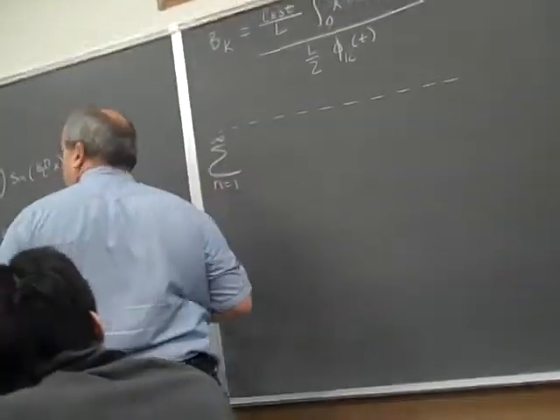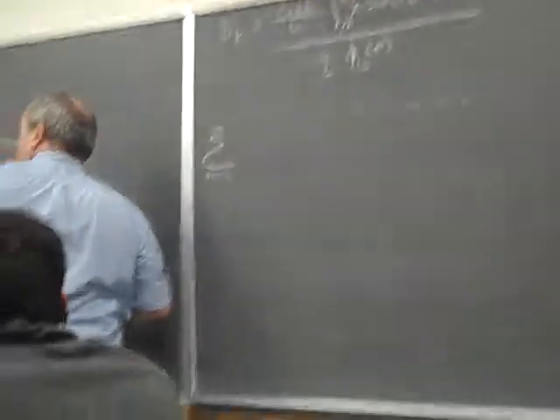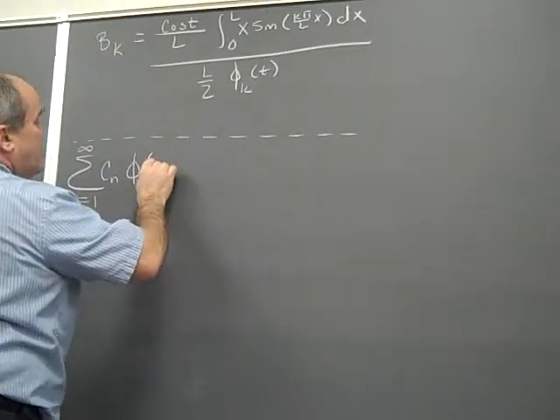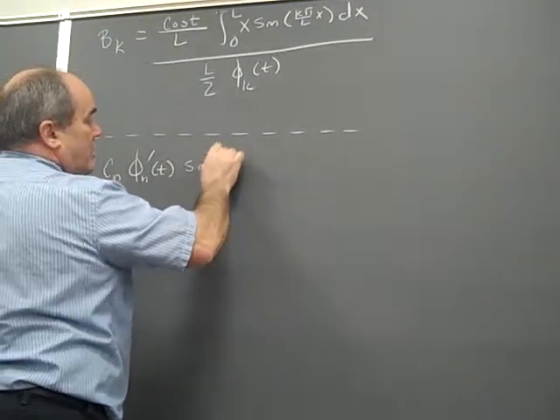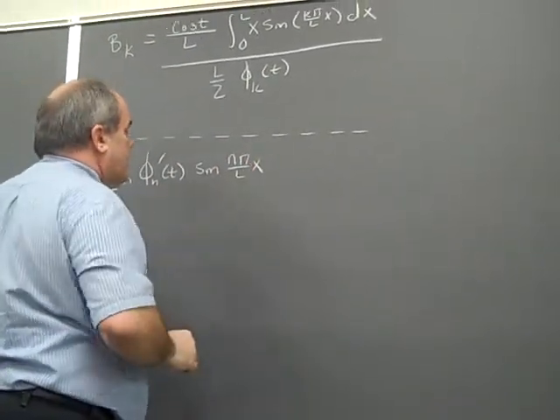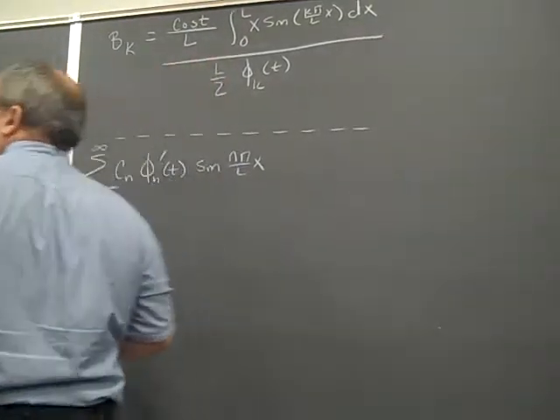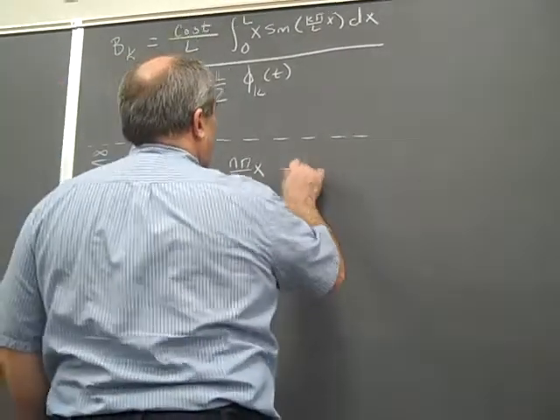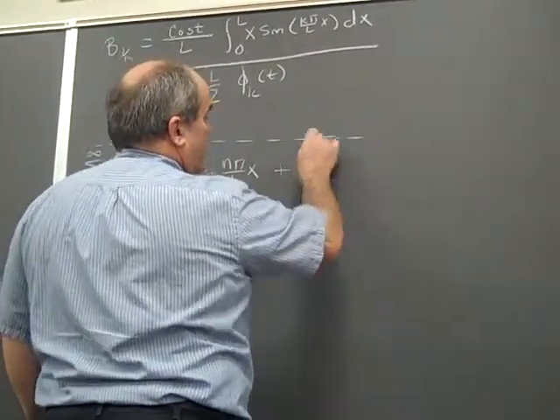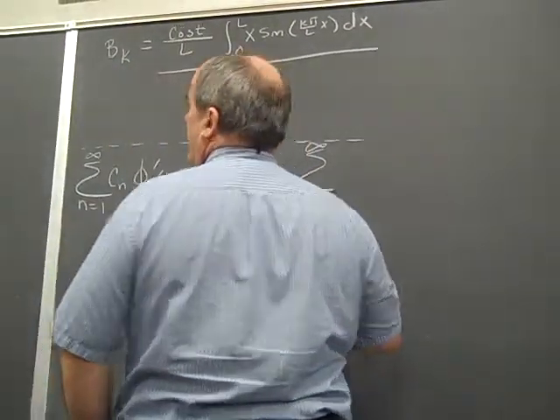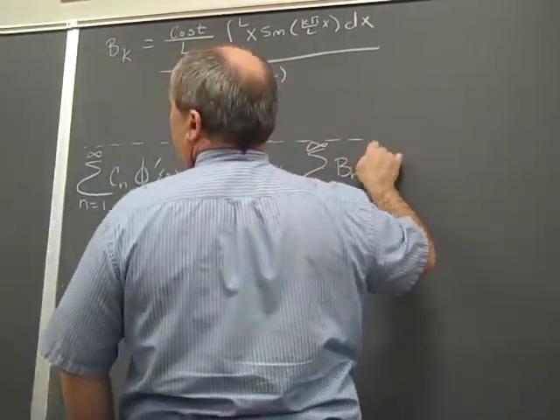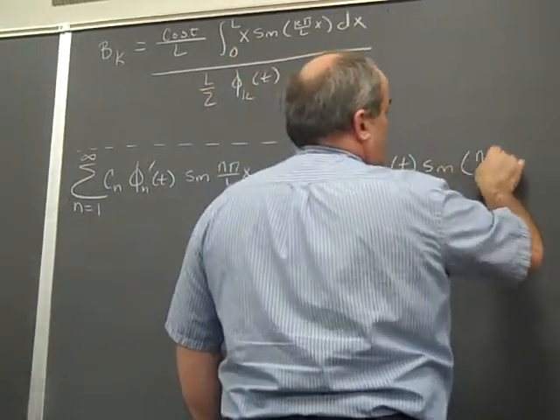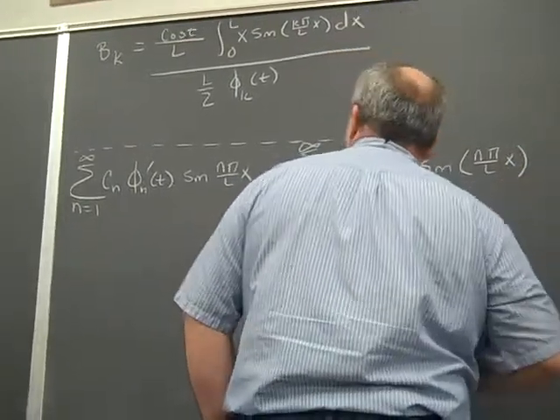So we have from n equals 1 to infinity, we're plugging in w sub t, which we've calculated out there. That's our c sub n, phi sub n prime of t, sine of n pi over L x. And then I have plus my x over L cosine of t, which I'm going to assume that I could write as the sum from n equals 1 to infinity of some b sub n's times phi n of t sine of n pi over L x.